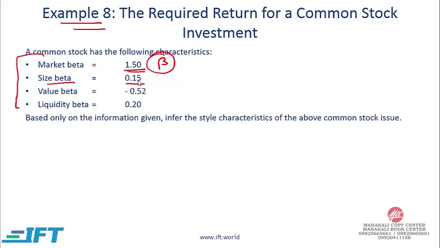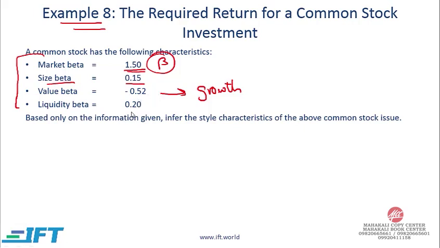Had the size beta been negative, as it was with Microsoft, that means that the stock is larger than average. The stock has a value beta of minus 0.52. This means that this is a growth stock. Remember, for a value stock, we would have a positive value beta.